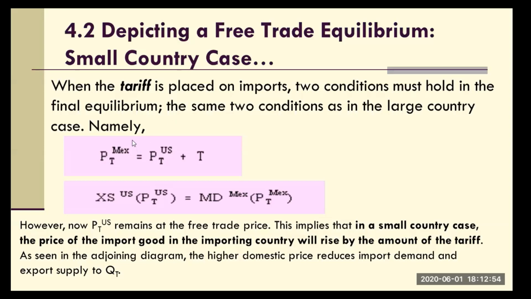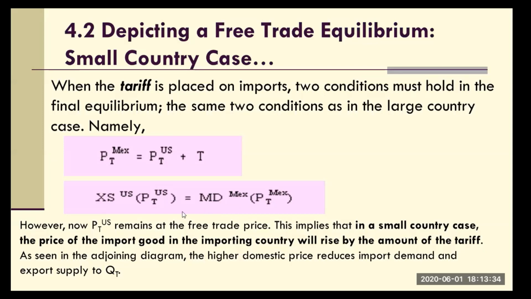The price with tariff in Mexico is equal to the price in the US plus the tariff, if the country importing adds a tariff on the imported items. The export supply of the US at the tariffed price is equal to the import demand of Mexico at the tariffed price.